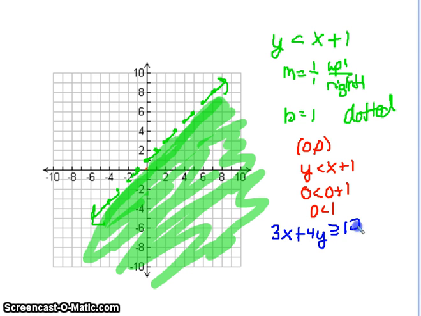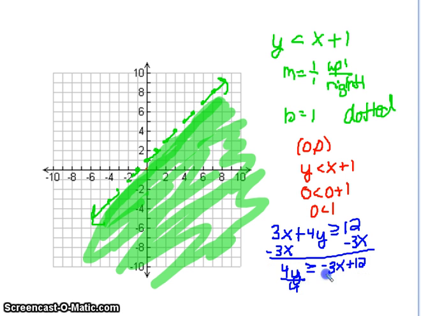And this isn't helping us much. We've got to do some work for this equation. We have to subtract 3x from both sides, and we get 4y is greater than or equal to negative 3x plus 12.